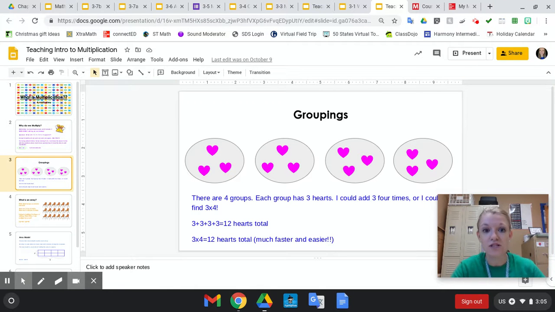Now, I don't suggest that we stick with this strategy because that takes a long time to solve instead of just knowing 4 times 3 is 12. Boom. So if you're struggling with multiplication, grab some flashcards, get to work, practice, practice, practice. And groupings are just a way for us to be able to visualize a multiplication problem. So if you can't visualize something, draw a picture so that you can.